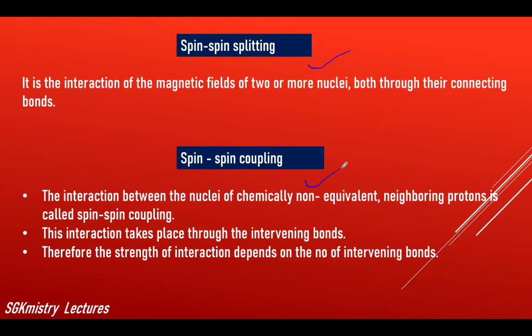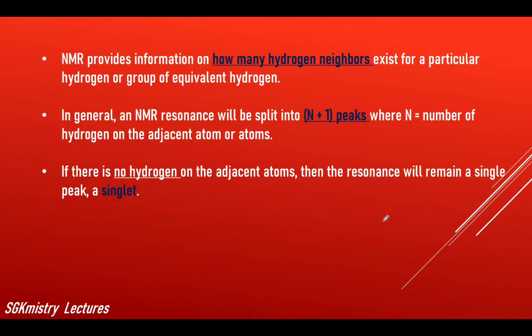So because of the coupling, there is splitting of the signals. This coupling is mainly due to the intervening bonds, that is, bonds between these different types of protons in the different groups, and the effect is also more when the protons are near to each other.